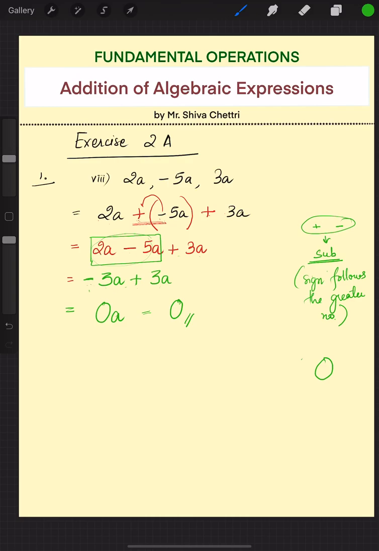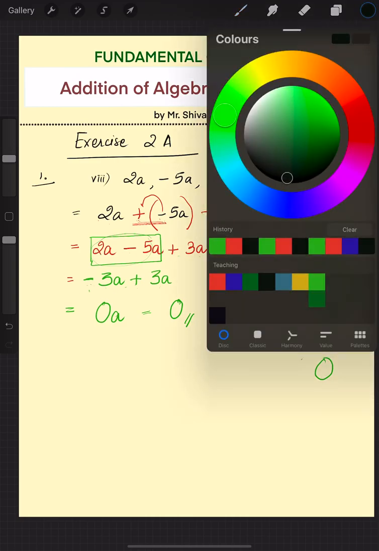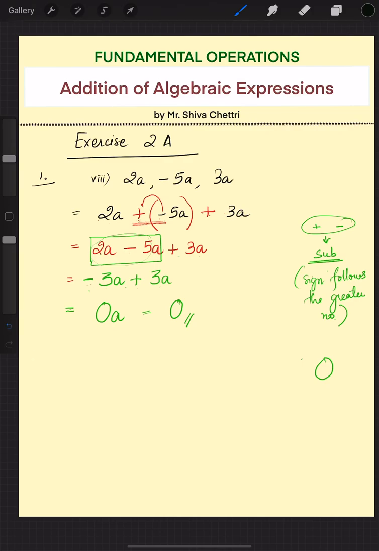Alright. Similarly, if you go for question number 10, that is 13x square, comma, minus 31x square and 25x square. Alright, so 13 minus 31, I'll write everything here.